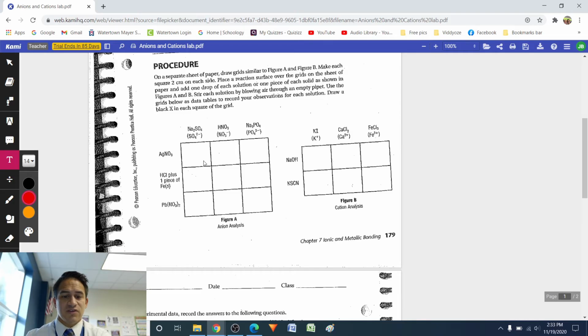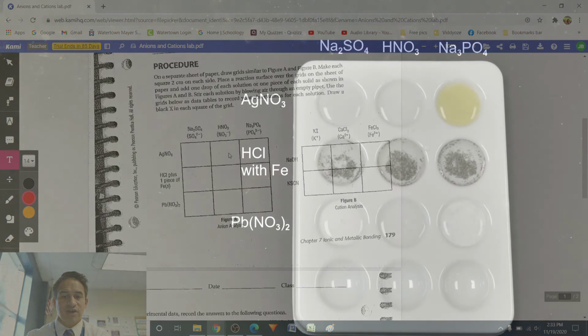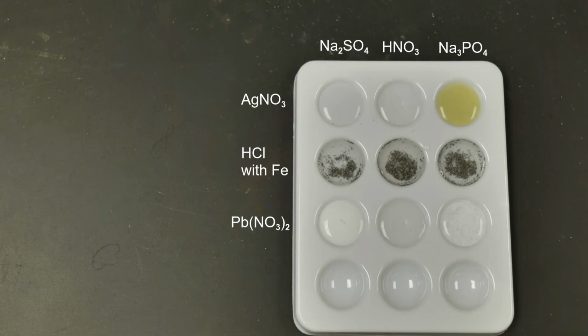So in the first one with the silver nitrate, I'm pretty sure the silver nitrate with the Na2SO4 turned a little bit white. Okay, it was sort of faint, but it did turn white. So this one would be a good one. Now, if you did this lab in person, maybe you didn't see it turn white. The middle one, the AgNO3 with the HNO3, nothing happened.